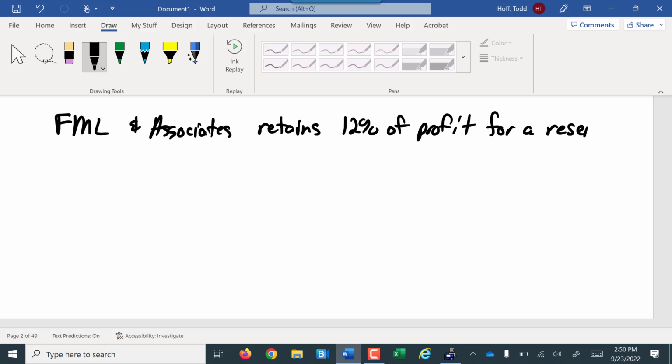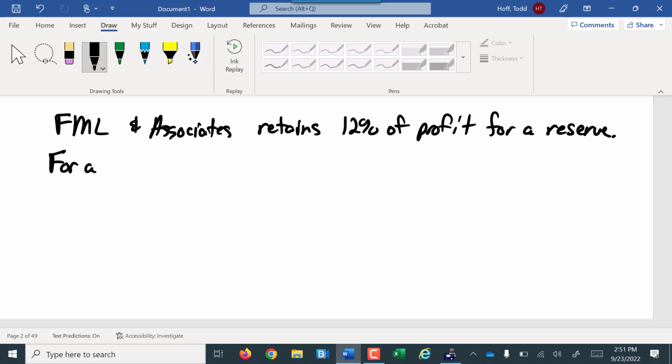Do you guys know what a reserve is? If you're a company, you take your profit, a lot of it you're going to reinvest into the business or draw out as income. A reserve is money you keep in an account in case something goes wrong, equipment breaks down and you have to replace it, or some unexpected expense comes up.